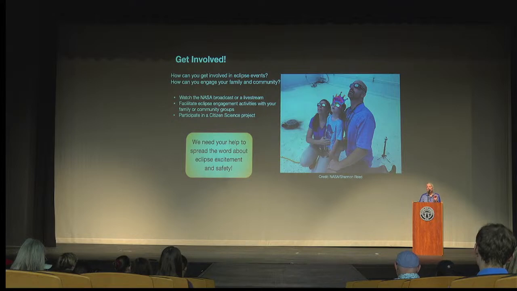So because the activity of the sun is increasing, it's possible you might have a sunspot large enough to see without using a telescope, just using your solar viewing glasses. And also, it's possible for more coronal mass ejections to occur. And wouldn't it be neat if one of those happened during the total eclipse next April?